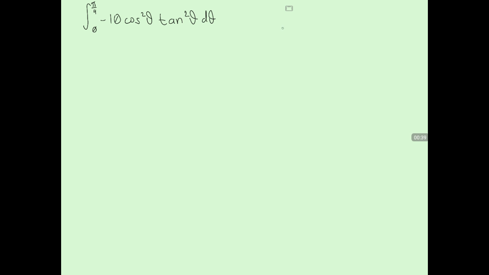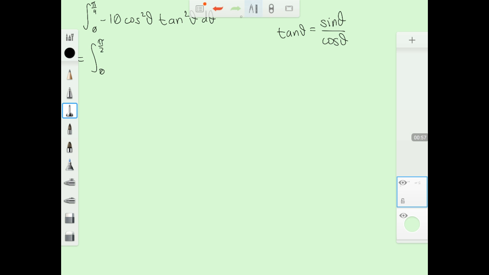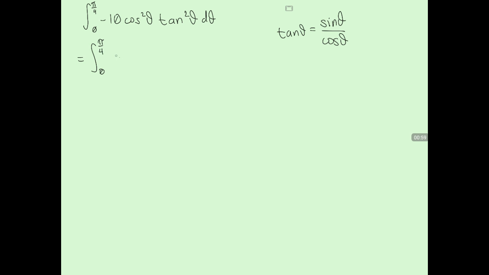we can see that tangent theta is in fact sine theta over cosine theta. So if we have tangent squared theta, then we can rewrite this integral, that's pi over 4, as negative 10 cosine squared theta sine squared theta over cosine squared theta.